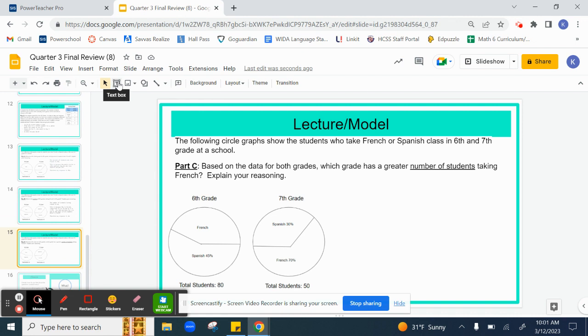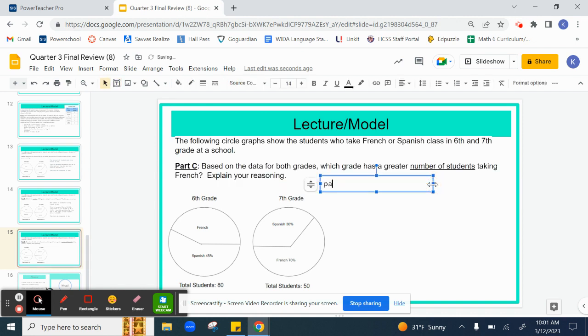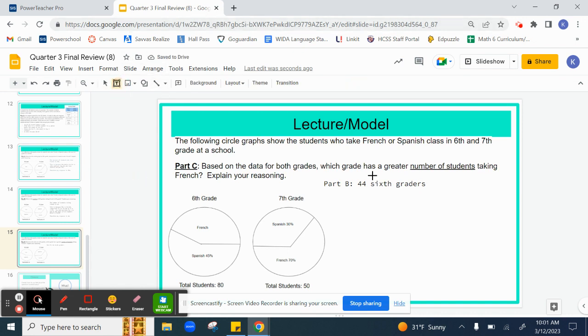All right, which grade has a greater number of students taking French? We know from part B it is 44 6th graders. Now let's look at the 7th graders.